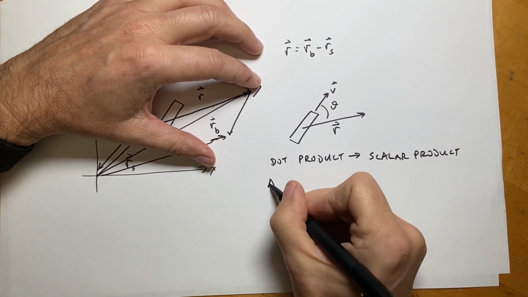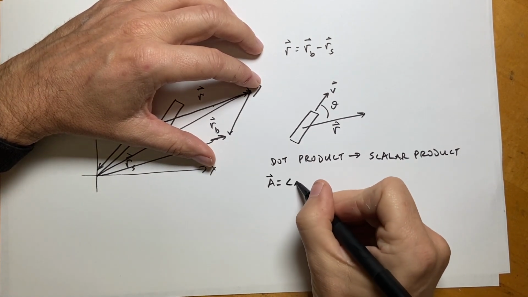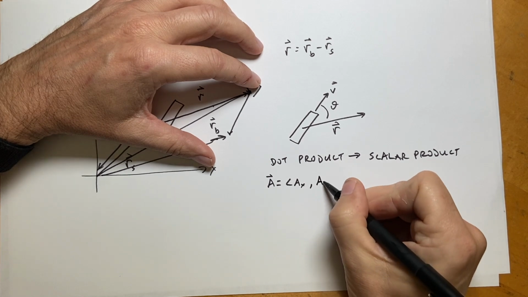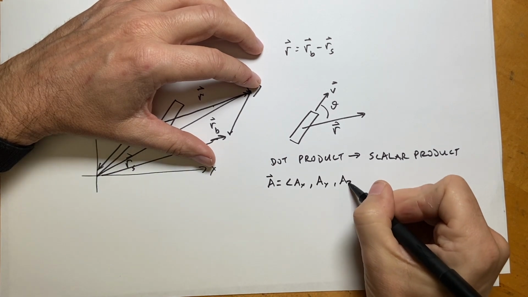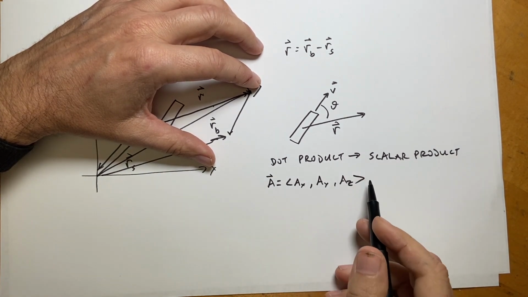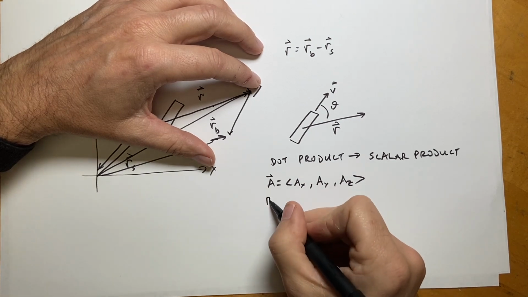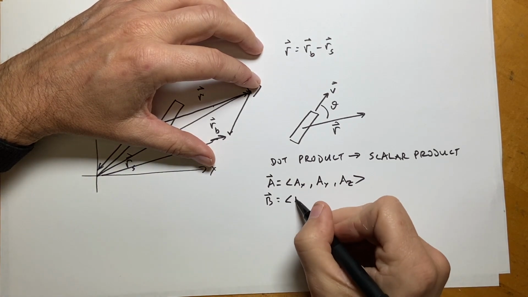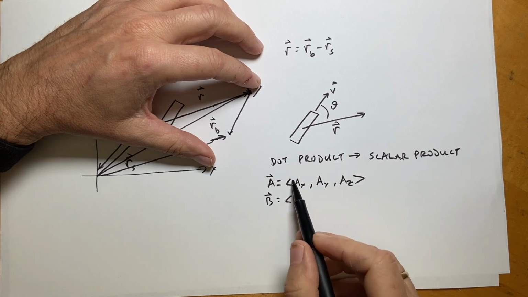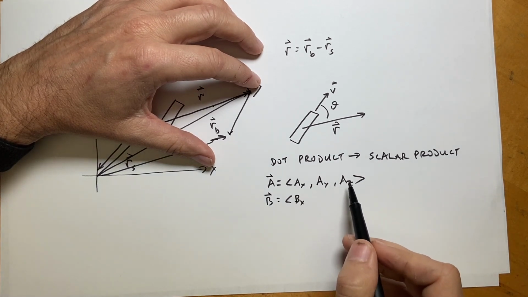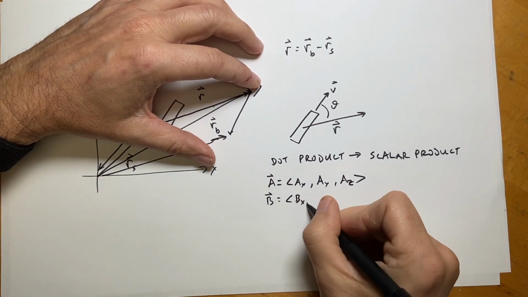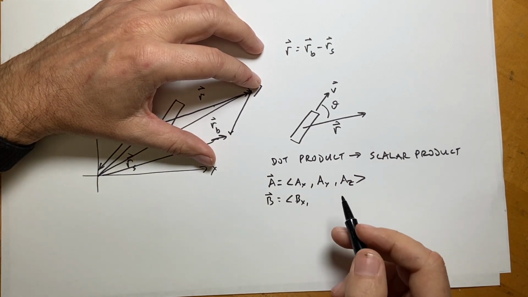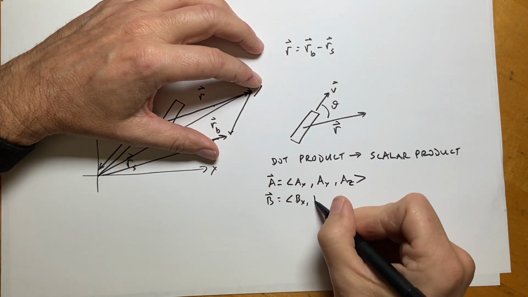If I have vector A, and I'll just define this as AX, AY, AZ, it can be any vector. It has X, Y, Z components. And then I have a vector B, and it's BX, BY, BZ. This is how I write my vectors. There's my X component, Y component, Z component. I hope that makes sense. This is the same way we do it in Python, so that's just an added bonus.